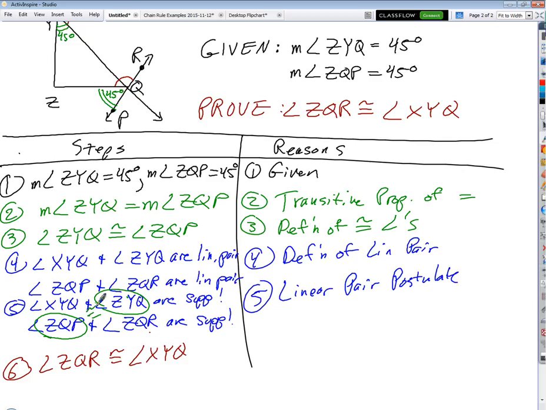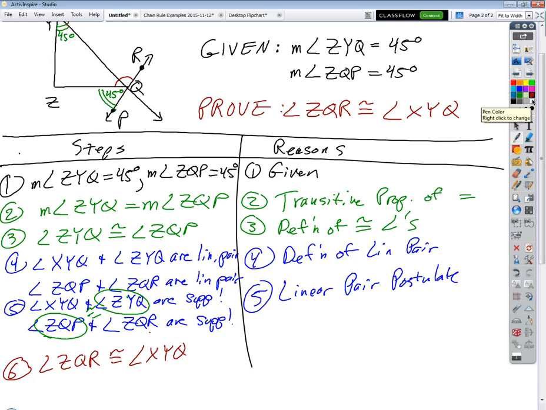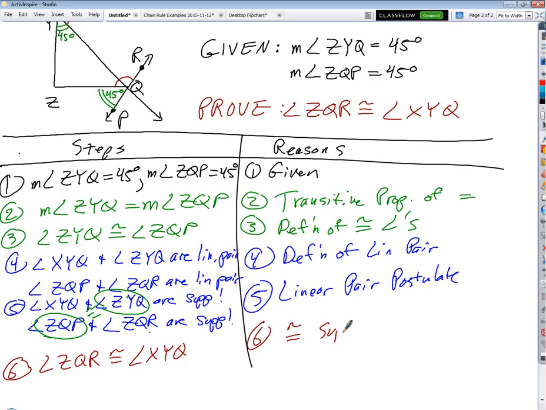Then by the congruent supplements theorem, we know that those guys have to be congruent. Right? Make sense? Yes, sir.